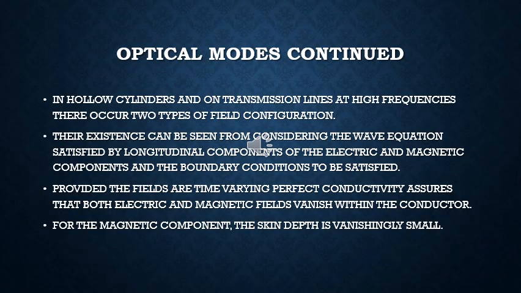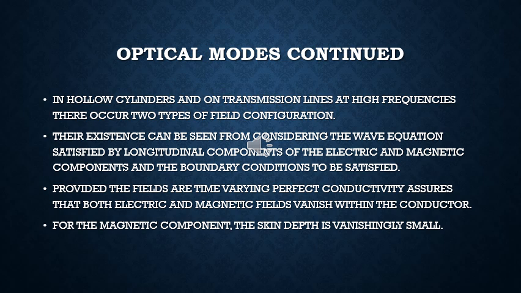In hollow cylinders and on transmission lines at high frequencies, there occur two types of field configuration. Their existence can be seen from considering the wave equation satisfied by longitudinal components of the electric and magnetic fields and the boundary conditions to be satisfied.